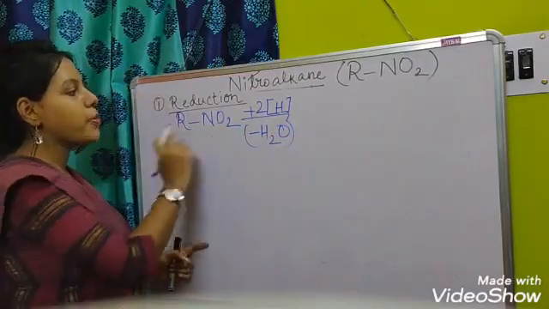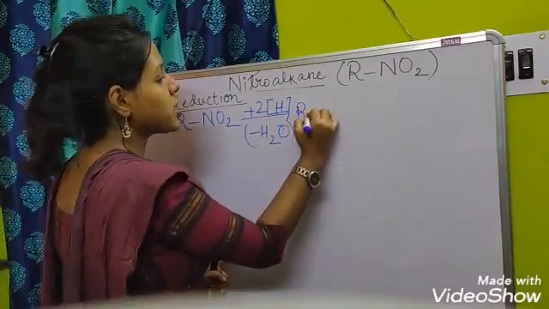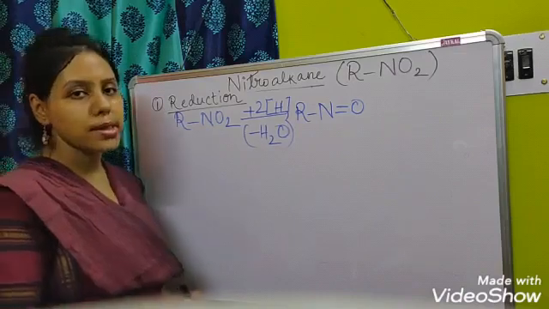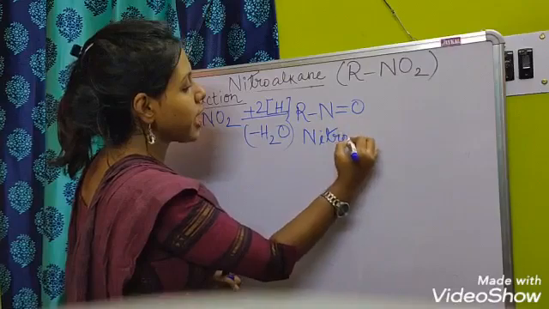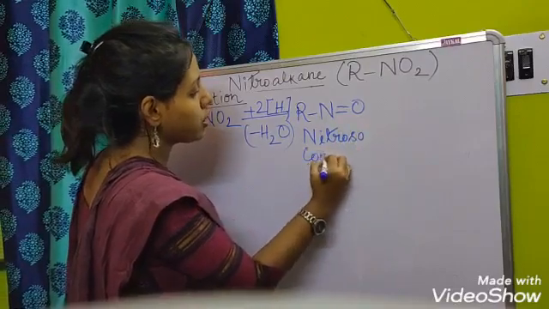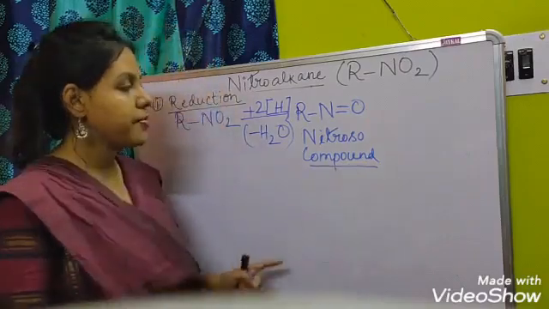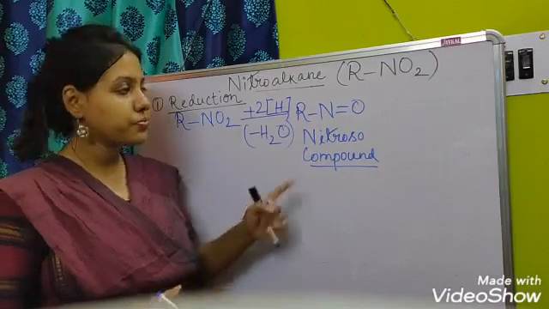So now tell, how many oxygen atoms are left here? Only 1. And the structure will be like this: R single bond nitrogen, double bond oxygen. So this type of compound is called a nitroso compound.